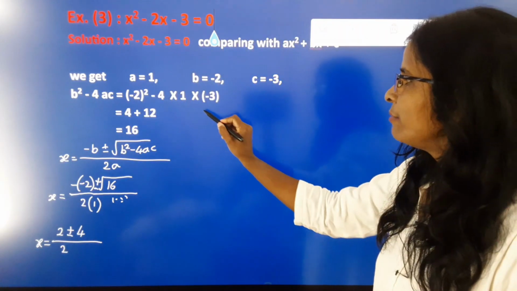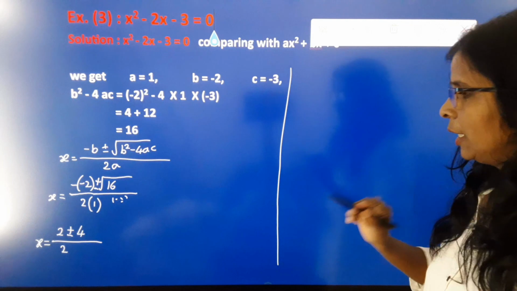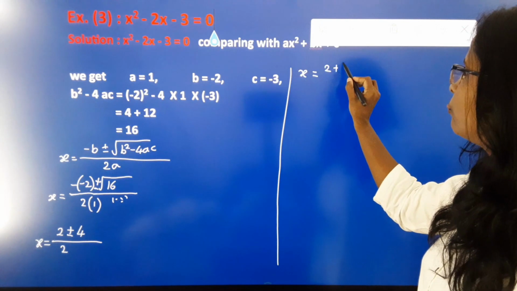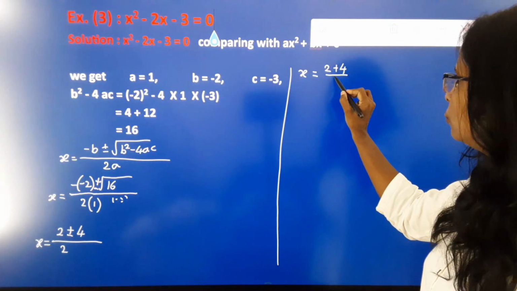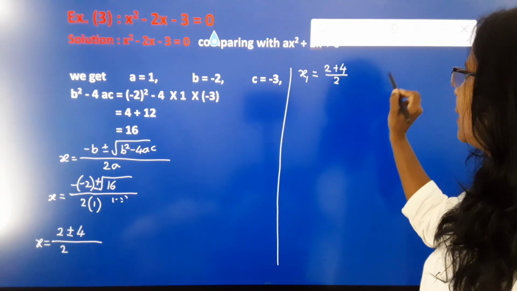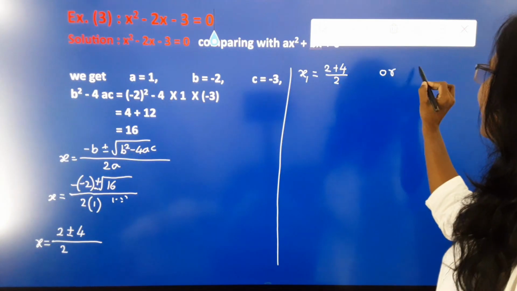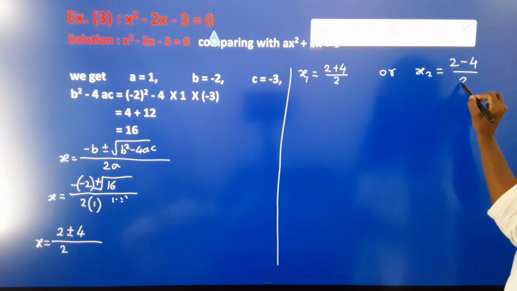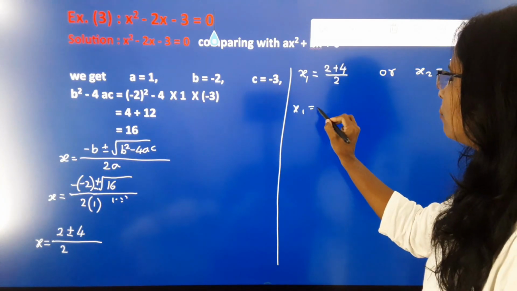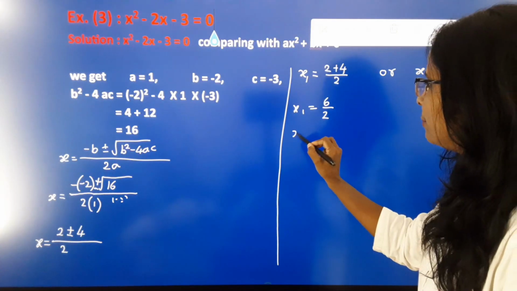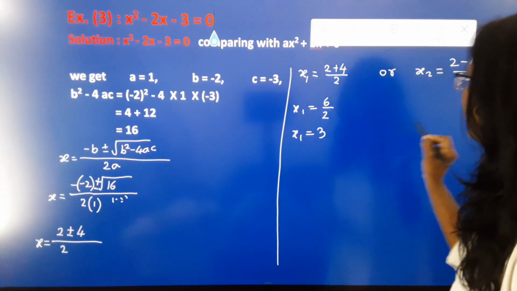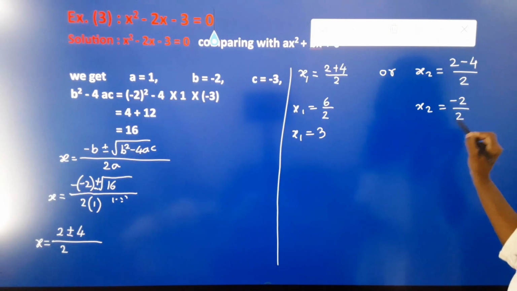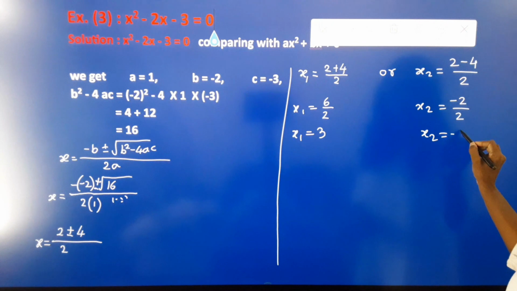So here the bifurcation process. x is equal to 2 plus 4 upon 2, or we say x2 is equal to 2 minus 4 upon 2. That means x1 is equal to 6 upon 2, that means x1 is equal to 3, or we say x2 is equal to minus 2 upon 2, that means x2 is equal to minus 1.